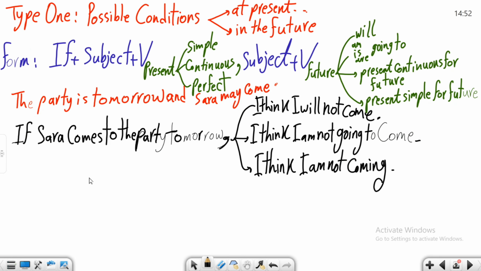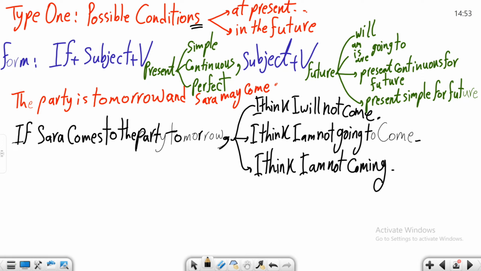And type 1, my friends, is one of the examples that tell you about the importance of knowing the cultural, psychological, and contextual definitions or backgrounds of the tenses. We use type 1 when we talk about a possible condition or possible conditions at present and in the future.